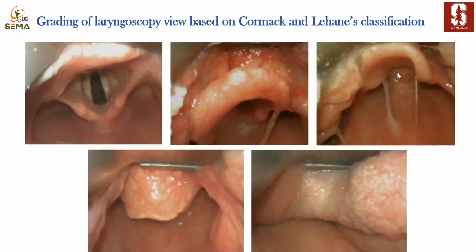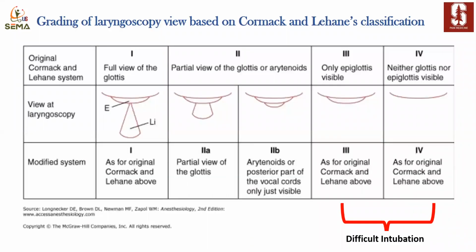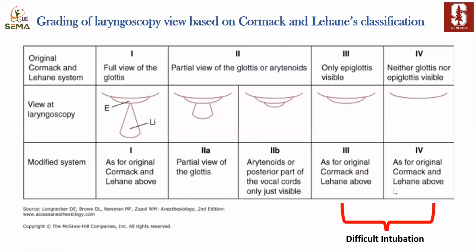As you see, you just see the arytenoids right there. Then grade 3, you only see the epiglottis. You don't see anything of the glottis. And grade 4, you basically don't see the glottis or anything. So classically, most of the studies, when they say difficult intubation, are referring to grade 3 and 4.